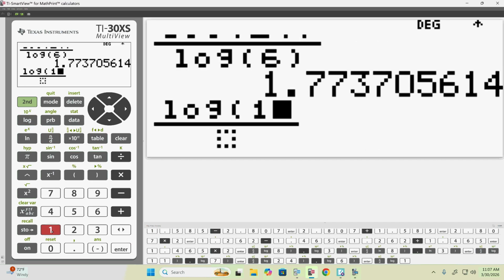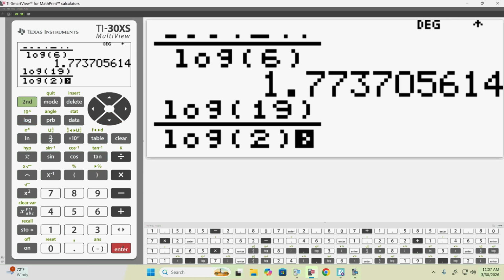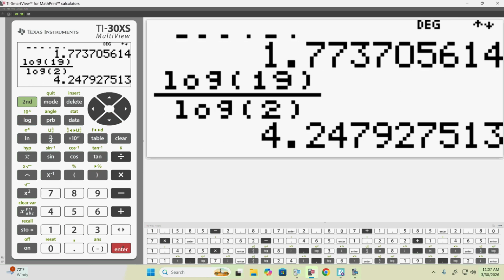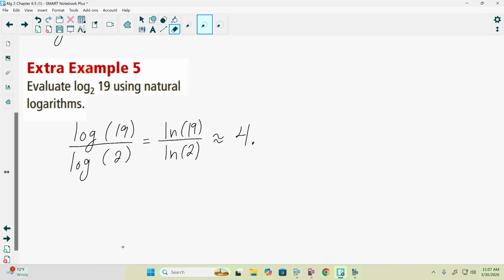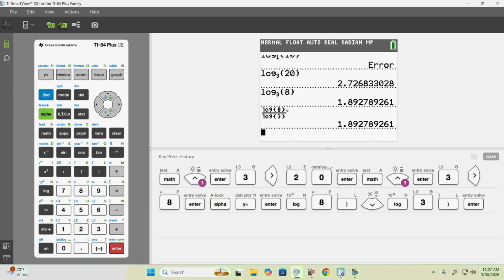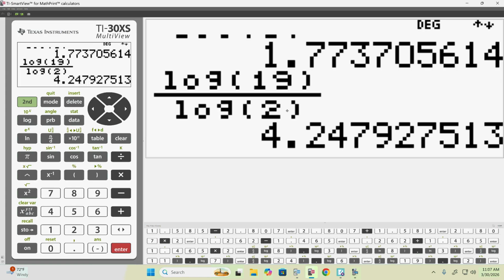So we have log of 19 over log of 2, which is 4.248. So we could, if we wanted to, say log base e of a number, and it'd be the same as taking the natural log.